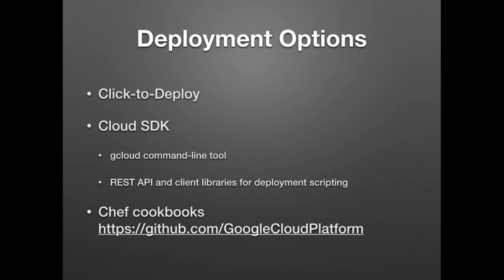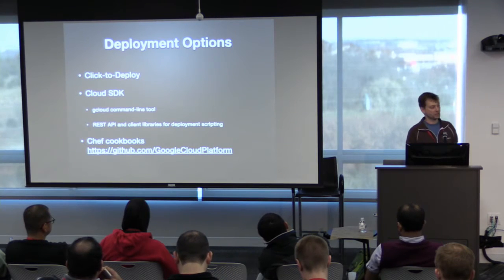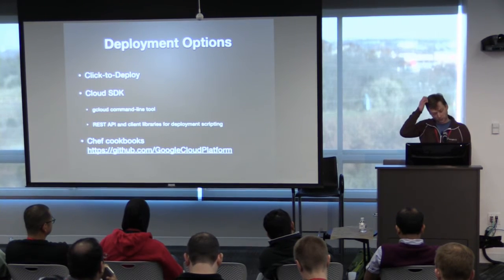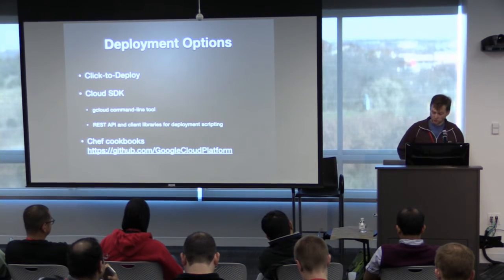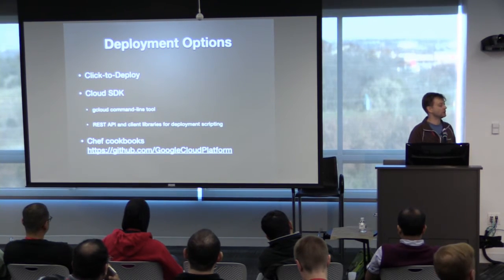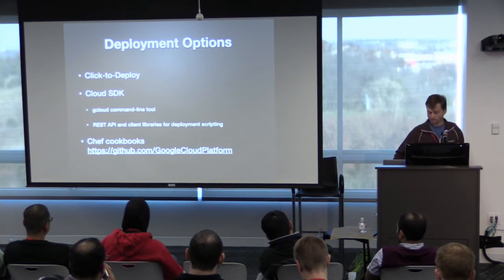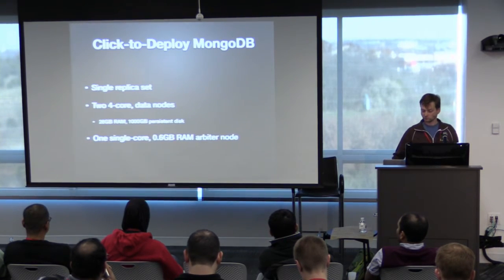That includes a command line tool and also REST API and client libraries. So you can build a deployment tool, if you like, or script your particular deployment using your favorite language. You can also use Chef to orchestrate the deployment of your infrastructure.